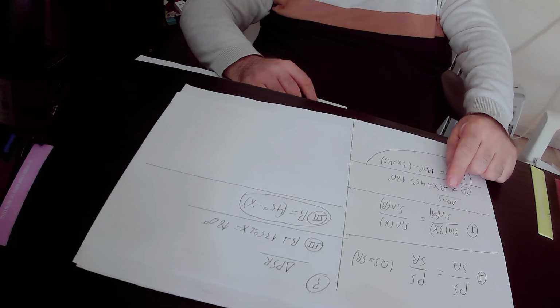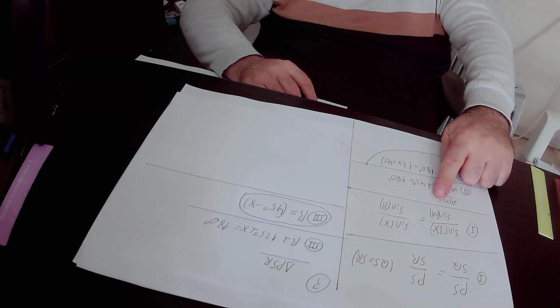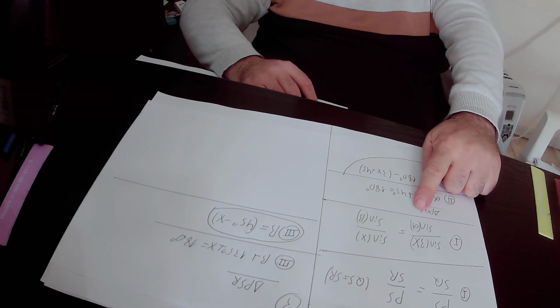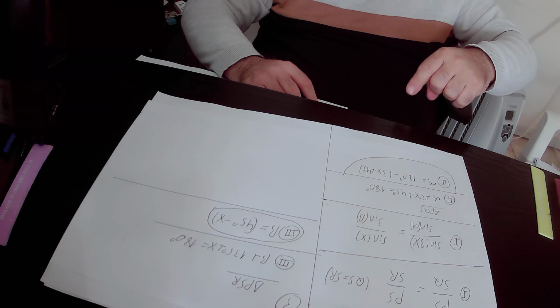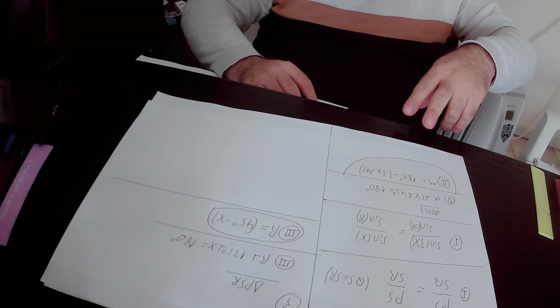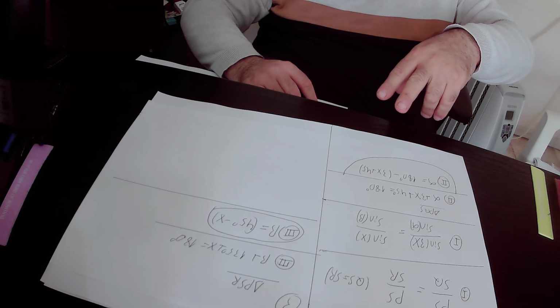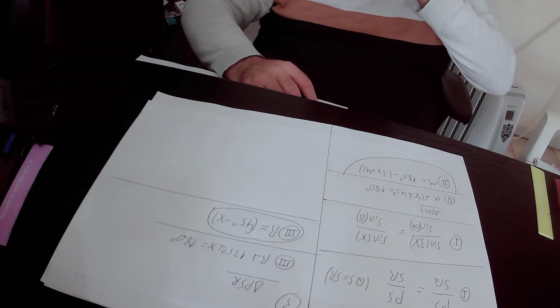Now we can substitute alpha and beta in this equation number 1 by the values that we found for alpha and beta in equation number 2 and equation number 3.